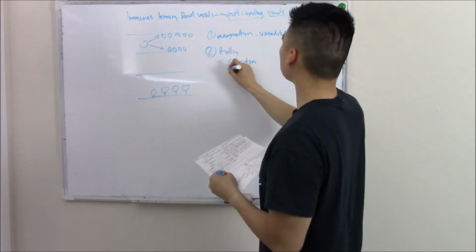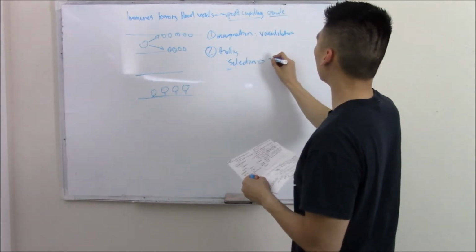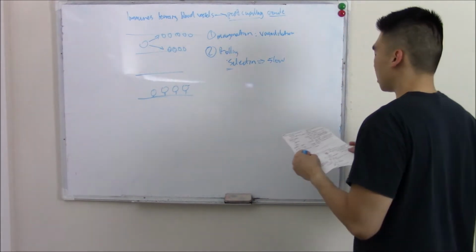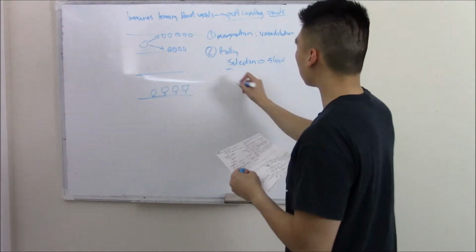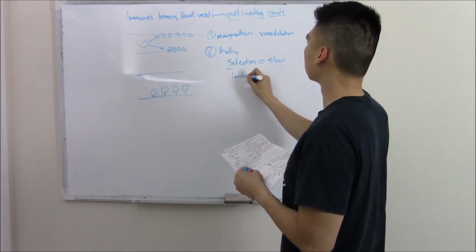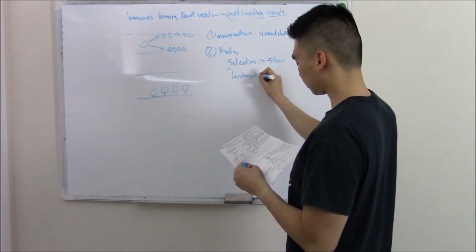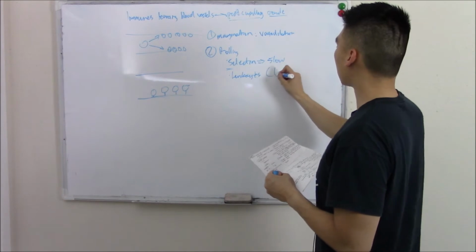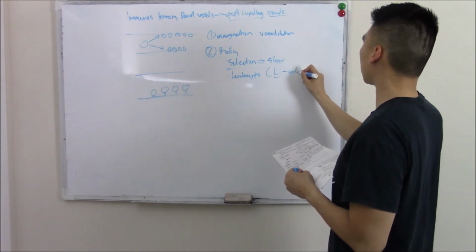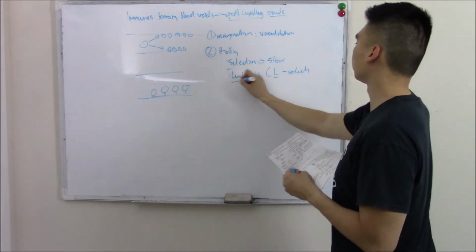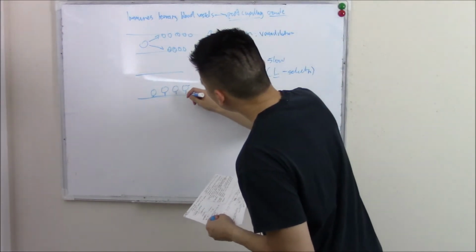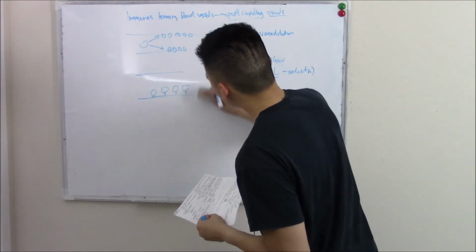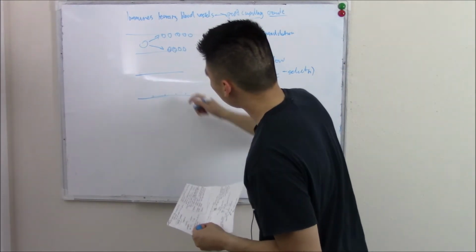You can think of S for selectin, S for slow. Slows down your leukocytes, your immune cells. So your selectins. All right, your leukocytes have something called L-selectin. Think of L for leukocytes. Okay. So let's just draw it.